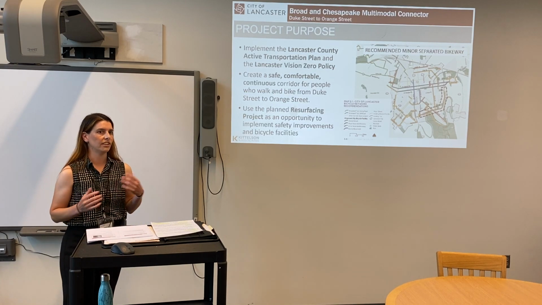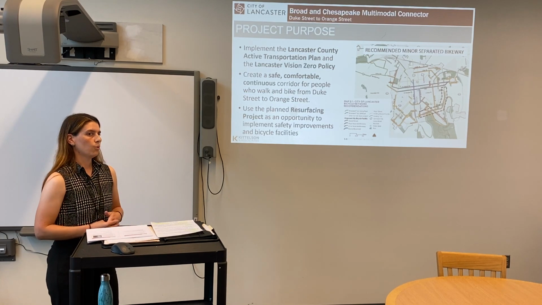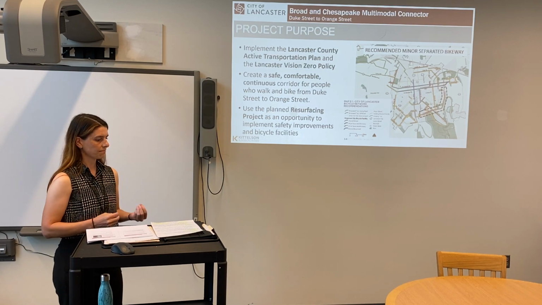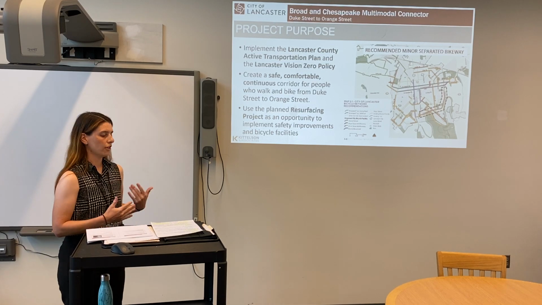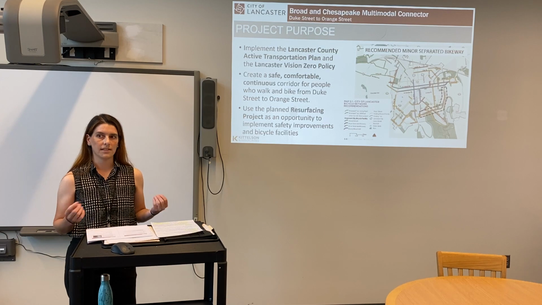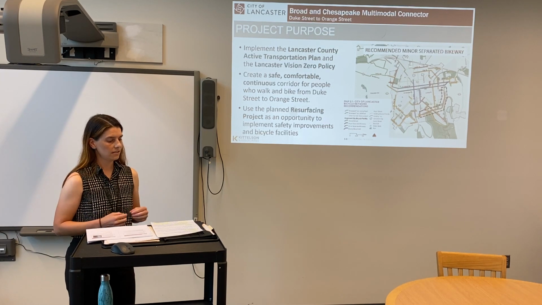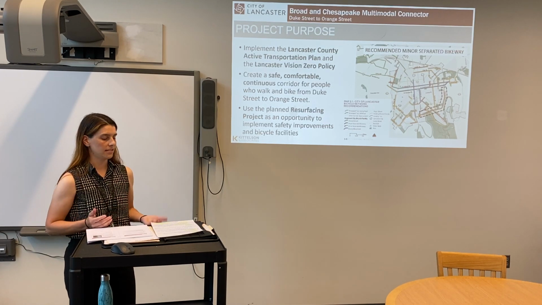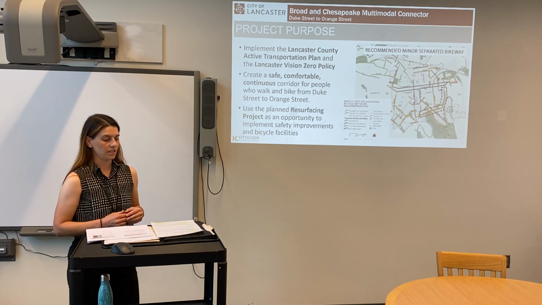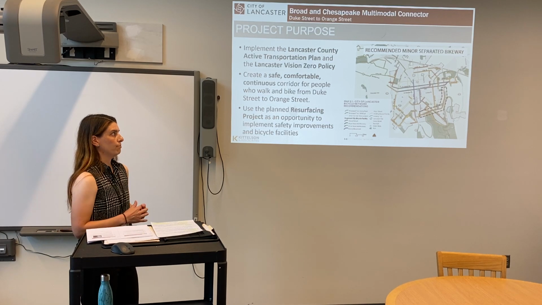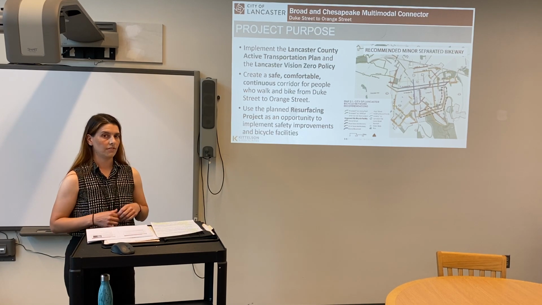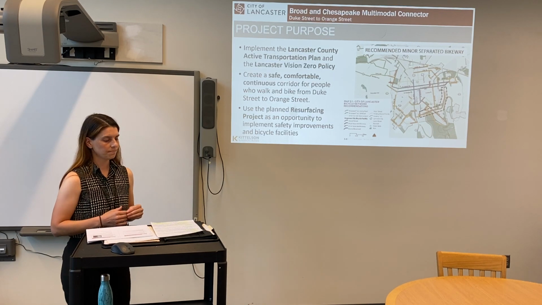Just wanted to reiterate the project purpose. We're looking to implement the Lancaster County Active Transportation Plan. This plan focuses on connectivity and tying into existing and planned facilities. We want to link communities and destinations, and we're looking to serve all ages and abilities on these facilities. Both Broad Street and Chesapeake Street are planned facilities in the plan.